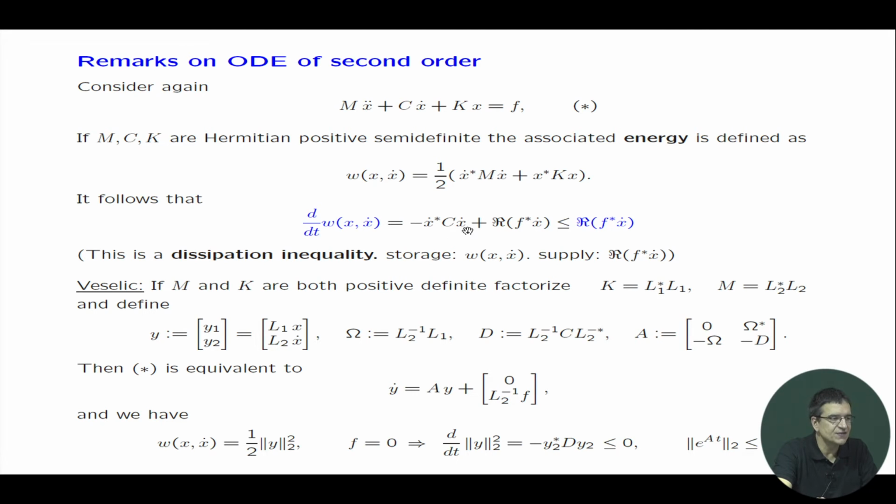So the velocity vector is multiplied from the left and the right with the damping matrix. And this term here is the power supplied to the system by the external force. So everything is as you expected. This gives some additional energy, and here is an energy loss.